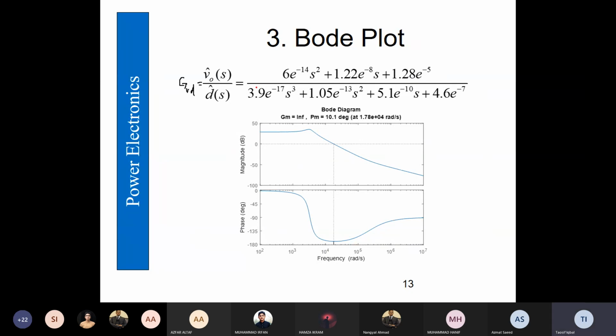So this is our Bode plot for the power stage, and we apply an integrator so that we get the high gain.